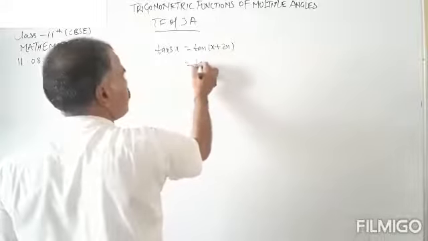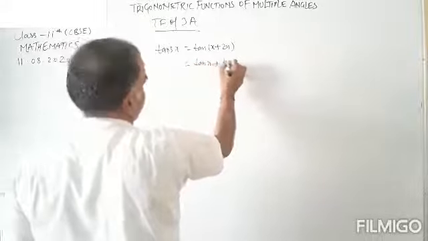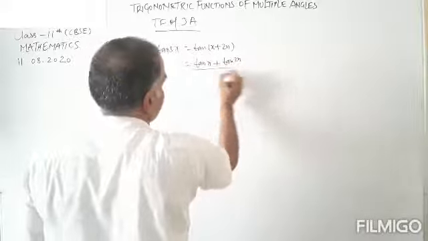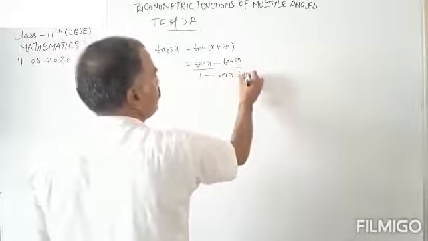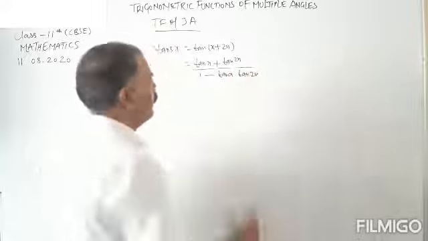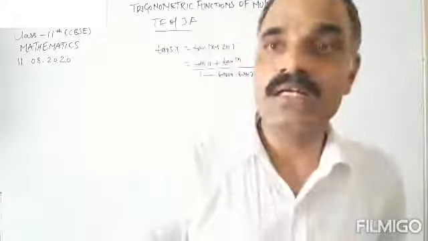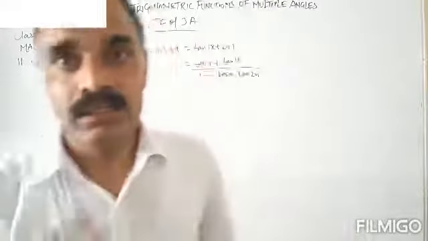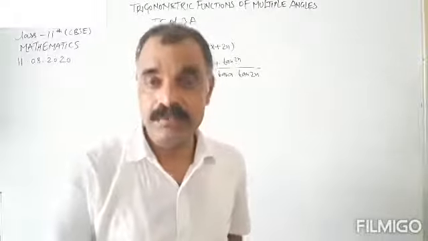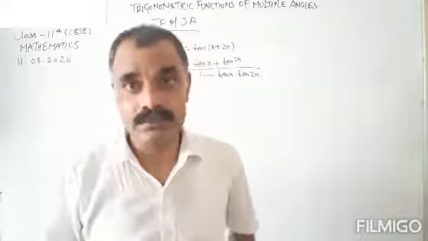This is equal to tan x plus tan 2x divided by 1 minus tan x into tan 2x. Using the identity of tan x plus y, that is tan x plus tan y upon 1 minus tan x tan y.